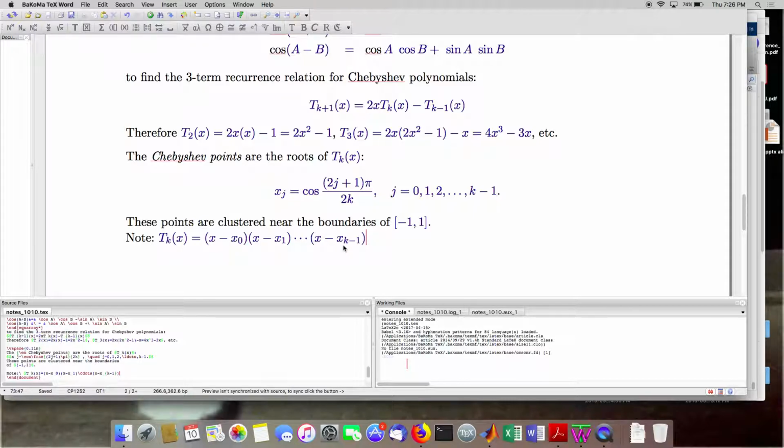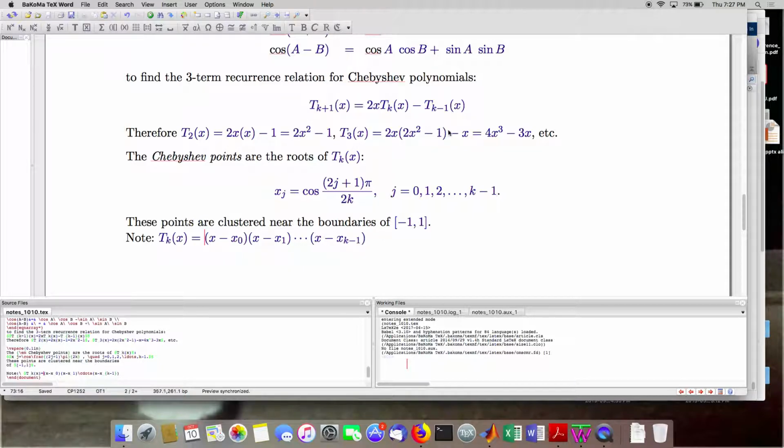It's 1, because all these linear factors have a coefficient of 1. That's what's called a monic polynomial. A monic polynomial has a leading coefficient of 1. But these Chebyshev polynomials do not have a leading coefficient of 1. So how do I correct this? What scaling factor should I put here? Well, what do we get? T2 has leading coefficient 2. That might be a way to say k.